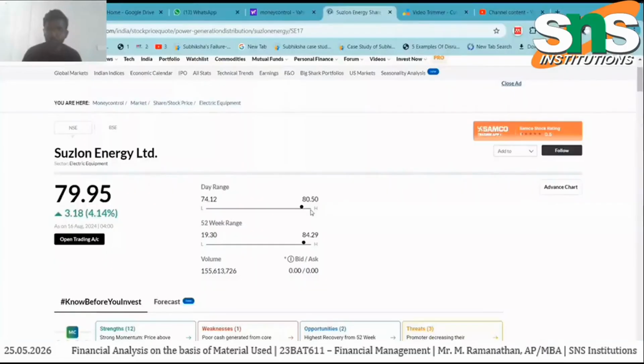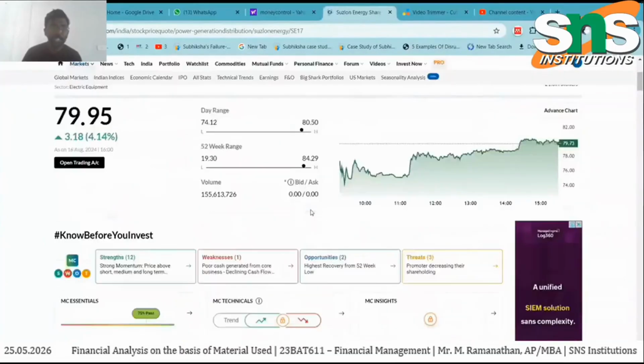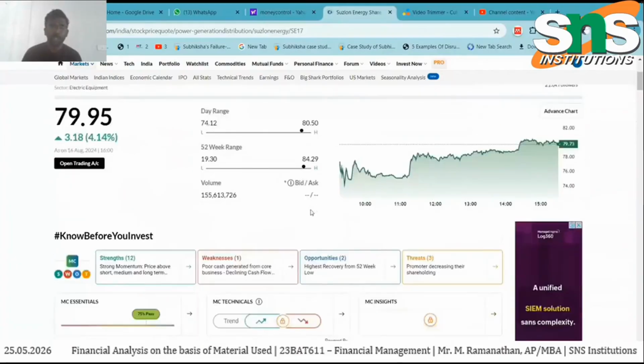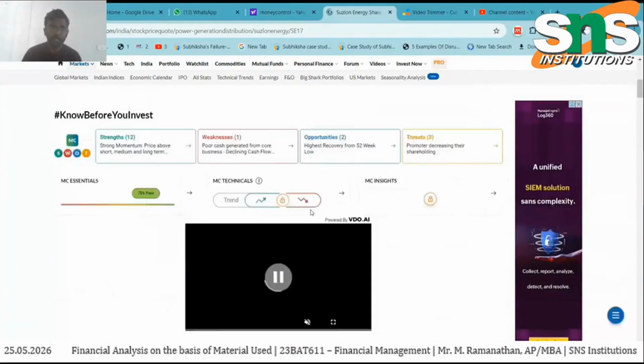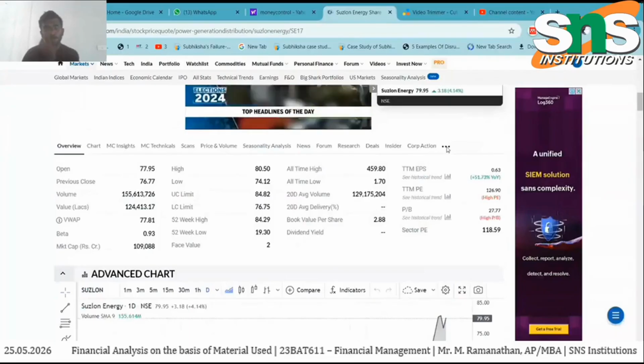Let me take the same Suzlon Energy. I have taken the Moneycontrol website. I have taken the share as Suzlon Energy, which is at 79.95 rupees.